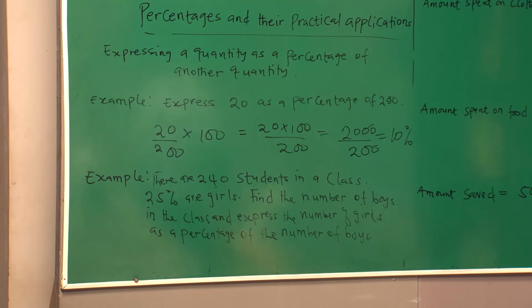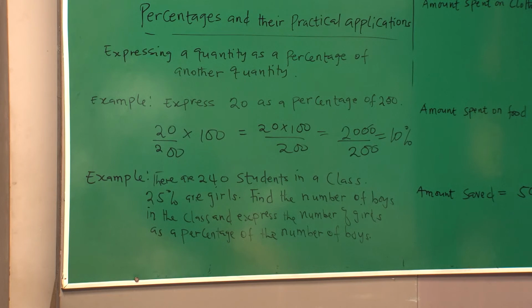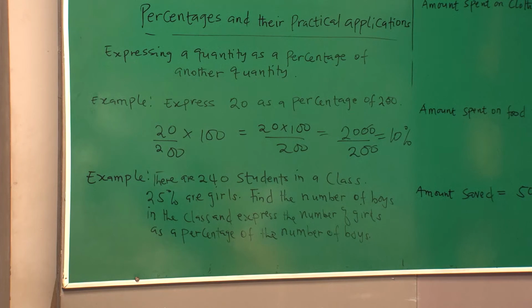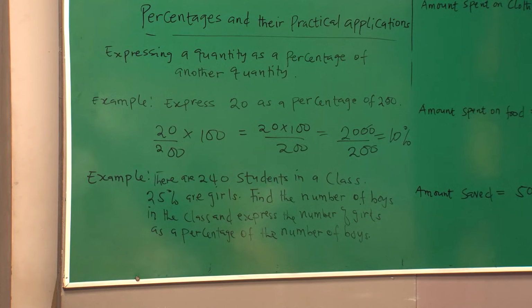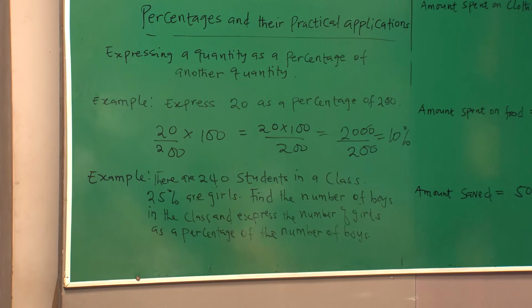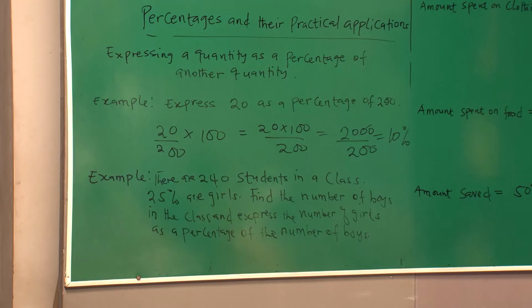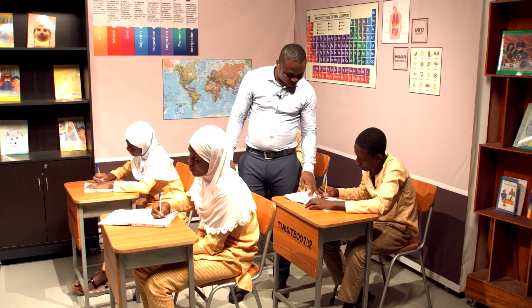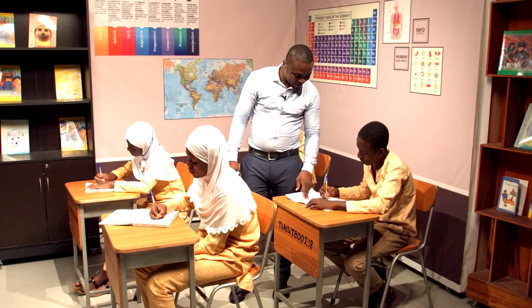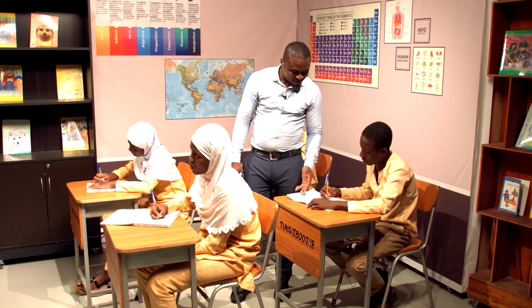It's 240. The girls are 25% of the number. So how do you find the number of girls? That's not what I taught you. 25 over 100 is what?